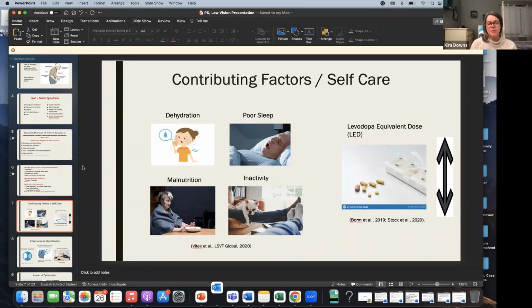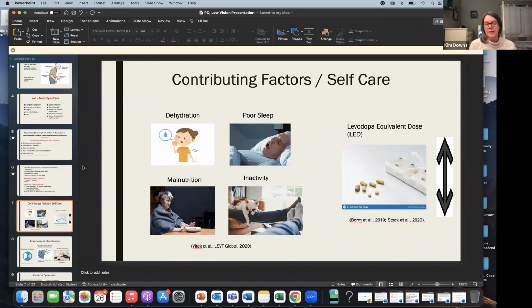Poor sleep, as mentioned, that's one of the symptoms. If they're not sleeping well, then that is going to affect their body's ability to use the synthetic dopamine. Malnutrition, again, for the same reasons as the dehydration. It's very common for this population to struggle with maintaining proper weight. And if they don't eat, then they cannot synthesize the medication properly, and that leads to a host of issues.